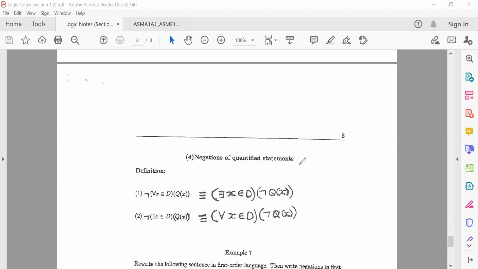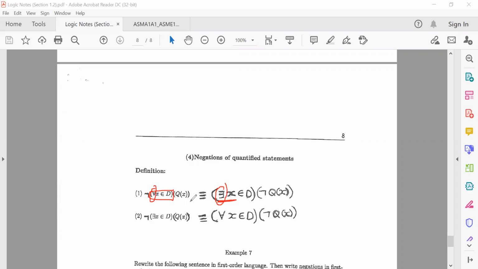Now, if I ask you to negate a quantified statement, these are the procedures. You need to negate each of these brackets separately, all right? So the negation of that whole quantified statement, if you negate "for all," it becomes "there exists," or "for some." So the only thing that changes there is the universal quantifier.